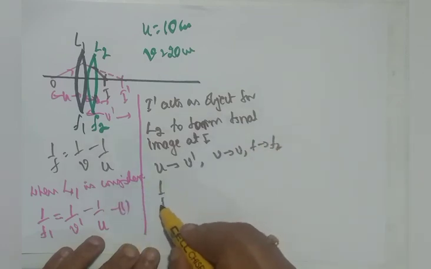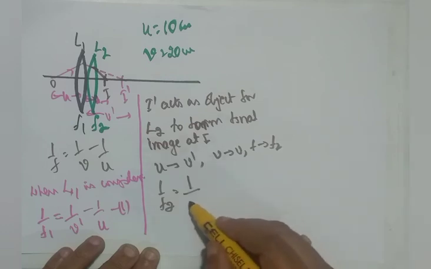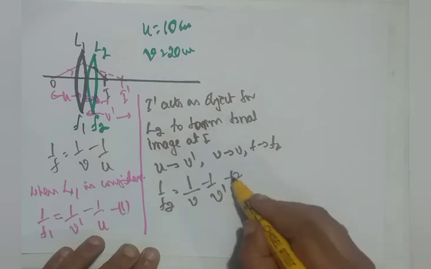So applying that, 1 by F2 equals 1 by V minus 1 by V dash. So this is our second equation.